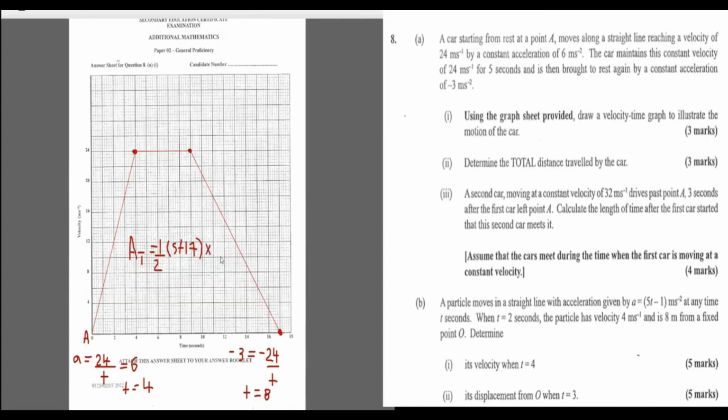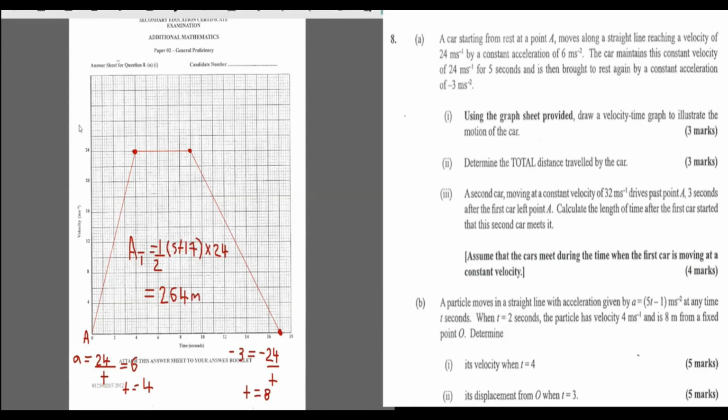All right, so the area of the trapezium gives us the total distance. So what are we saying? The area of the trapezium is going to be 5 plus 17 times a half times 24, that's 264 meters. All right, so 264 meters. That's the area of this trapezium. Nice and easy.